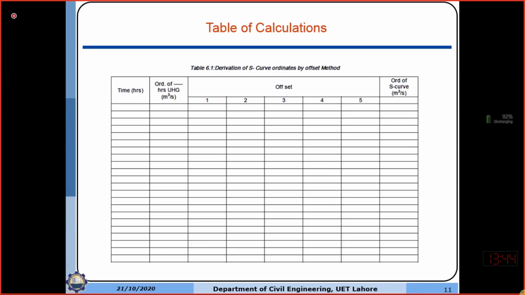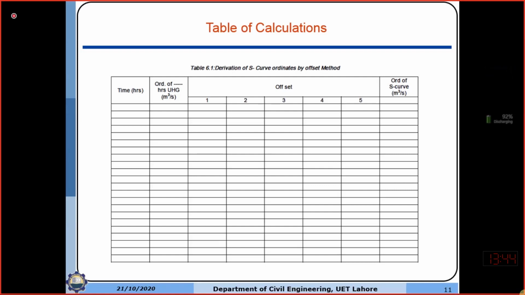You plot these ordinates with time on the x-axis and S curve ordinates on the y-axis, and you will get an S-curve-like shape. Then on another page, number 57, you have to make the 2 hour, 4 hour and 5 hour unit hydrographs on that graph.